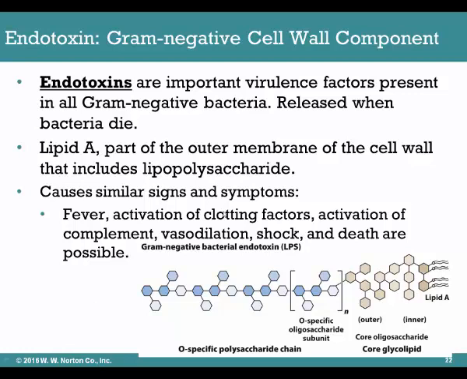If it's released, it has a toxic effect, but it's a very mild effect, so a lot of endotoxin has to be released in order to result in any kind of physiologic changes. But once a large amount of endotoxin is released, then you get fever, so endogenous pyrogens are being activated.